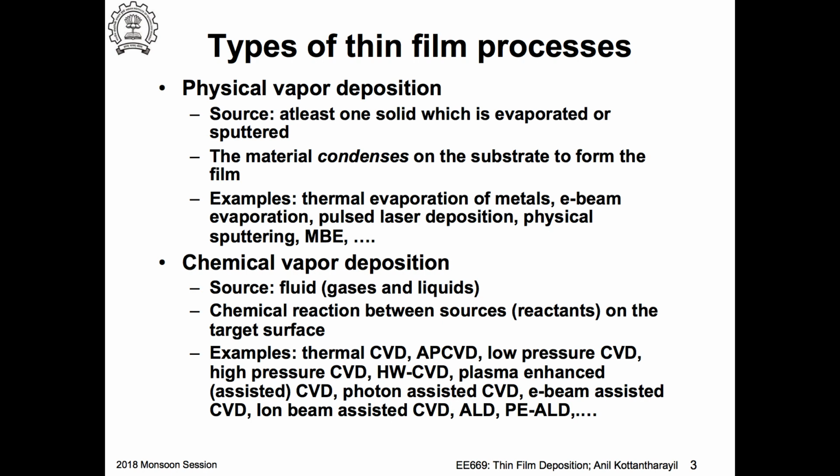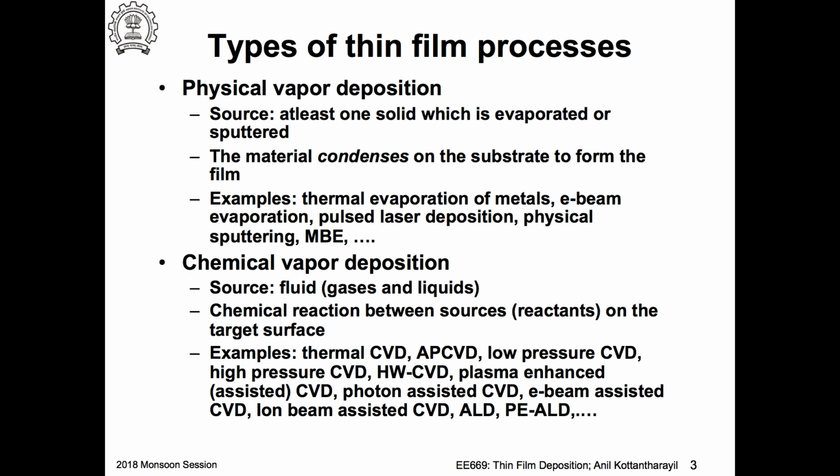Or sputtered. So what do you mean by sputtering? You have this material, and you bombard it with high energy ions, like argon. Let's say I want to sputter aluminum. So I bombard the surface of an aluminum sheet with argon ions, and argon would not react with anything, right? It's an inert gas.